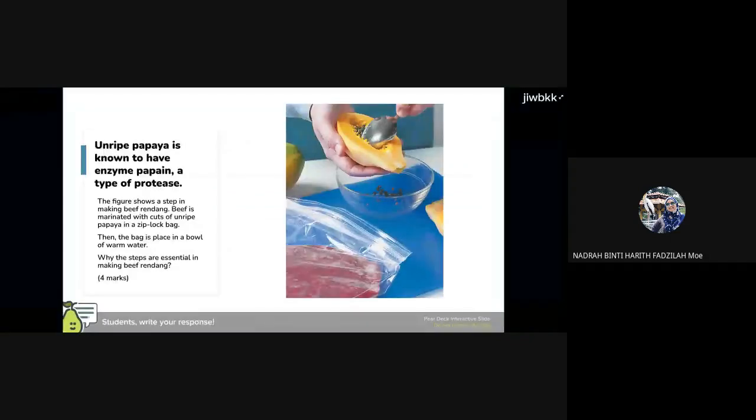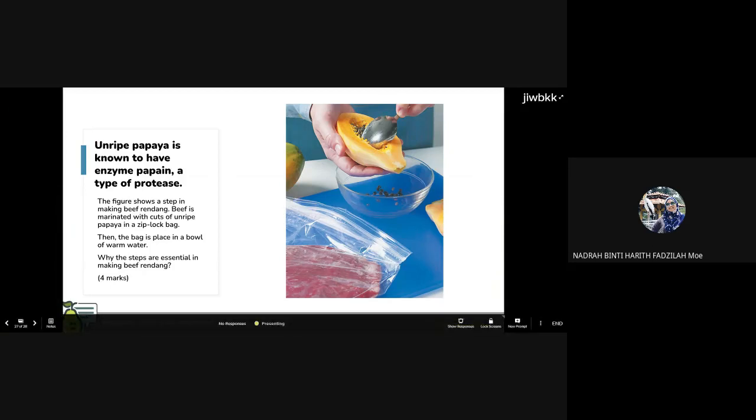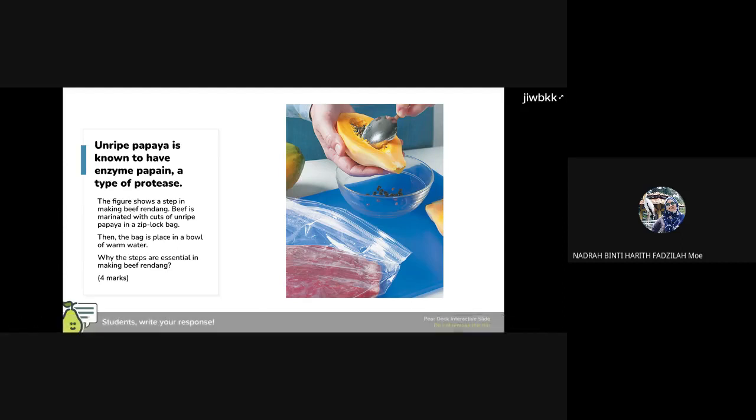Okay, so sebagai contoh, unripe papaya is known to have enzyme papain, a type of protease. And this picture shows a step in making beef rendang, where the beef is marinated with cuts of unripe papaya in a ziplock bag.